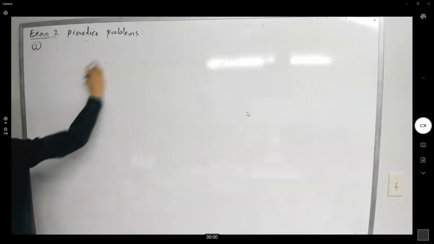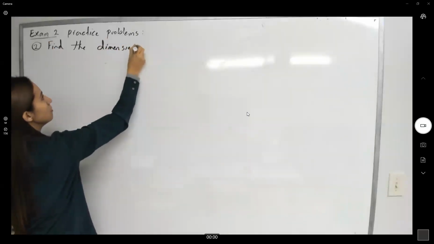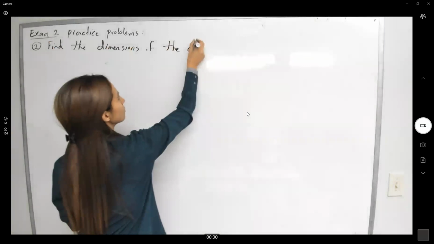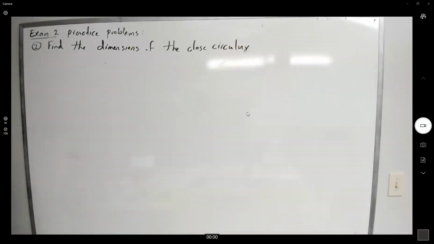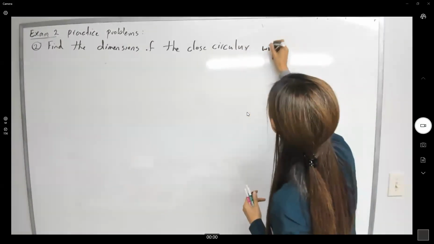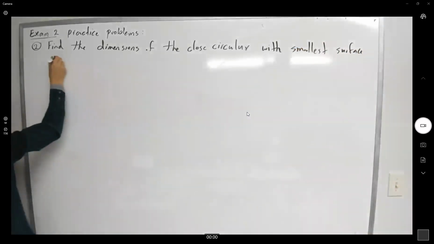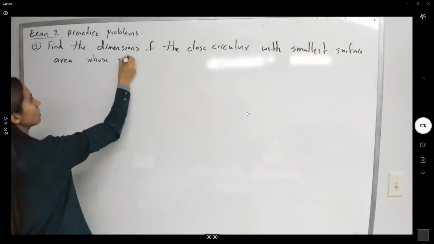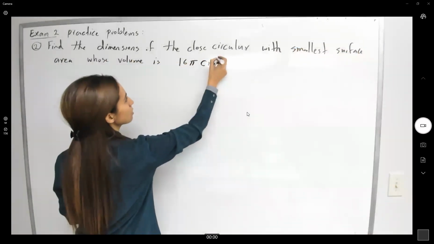Question 2. Find the dimensions of the closed right circular cylinder with smallest surface area whose volume is 16 pi cubic centimeters.